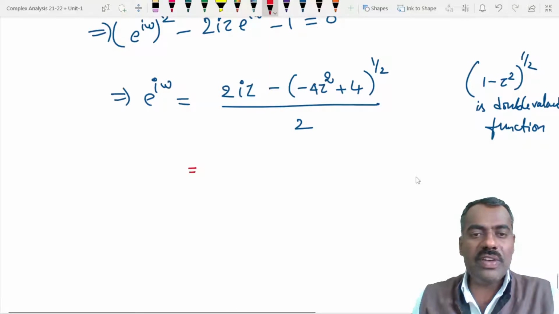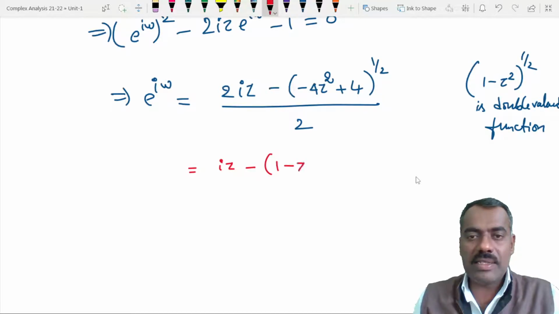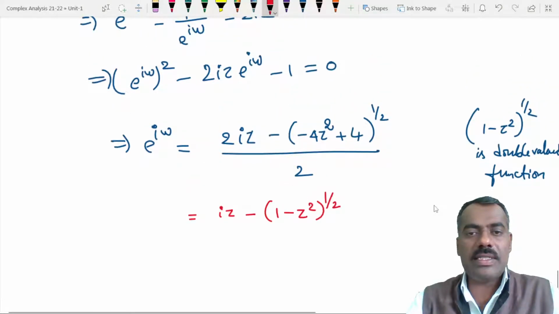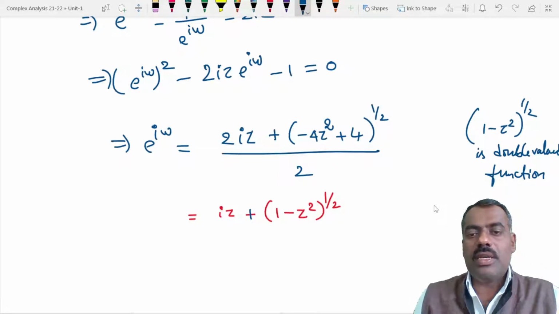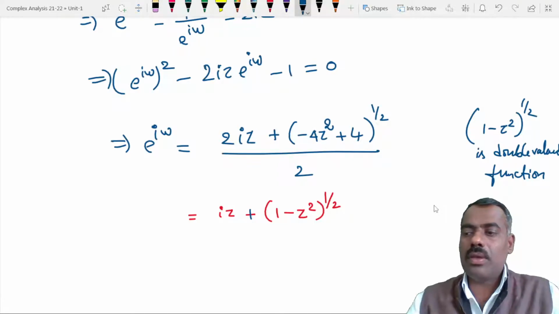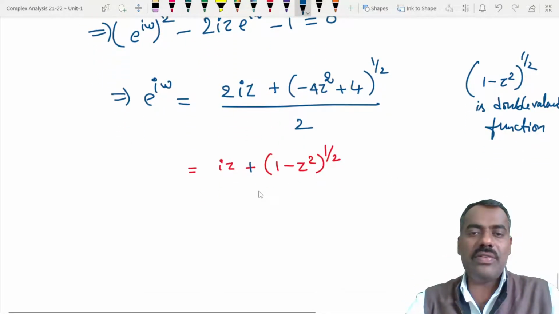If you simplify this, the 2 will get cancelled. We get iz plus (1 minus z squared) to the power 1 by 2. And of course, remember every time it takes two values, the other one being minus.